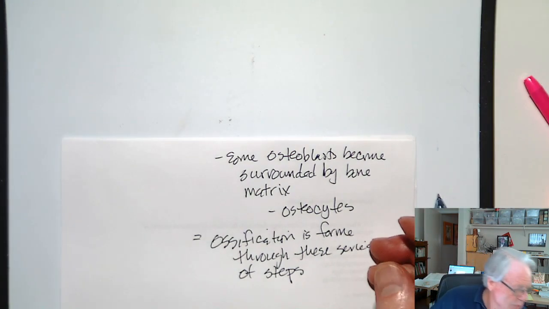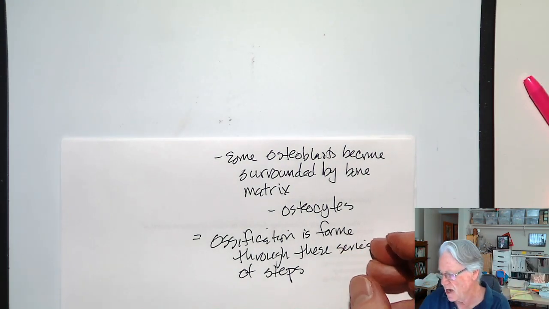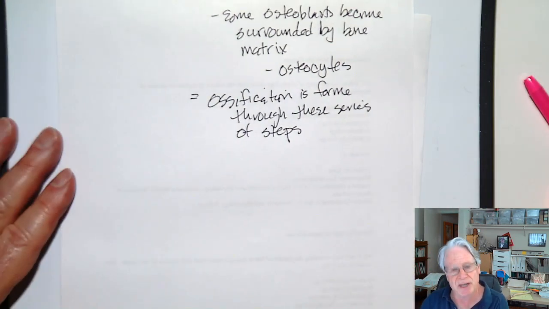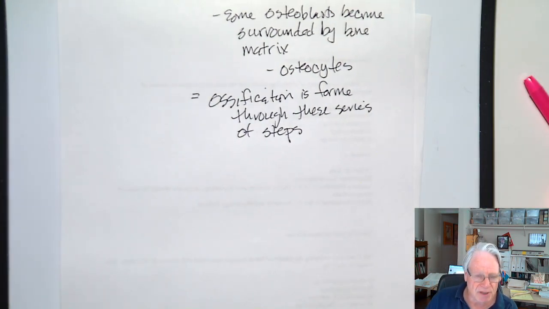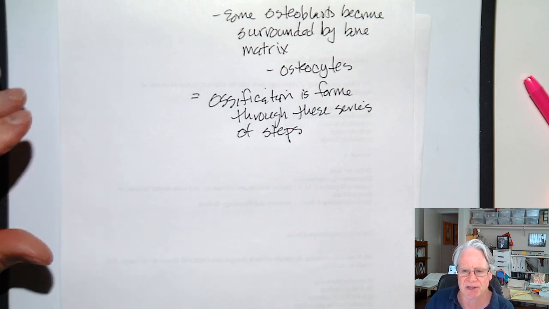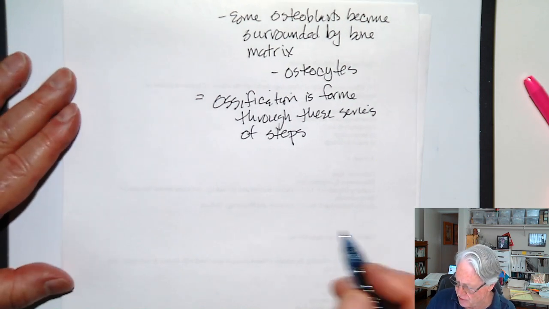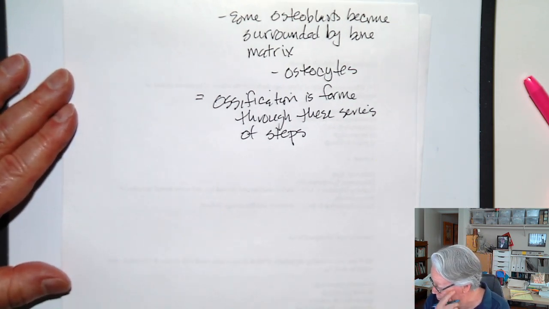Now, it's important to understand that if you have a bone, say the parietal bone or the occipital bone, let's use the occipital bone, these ossification centers, there's not a single ossification center. There will be many ossification centers. So let's just try to put that into a picture form so we can understand it.